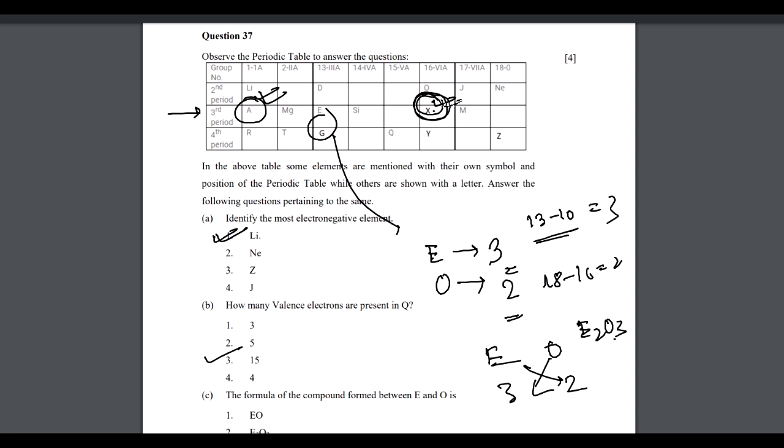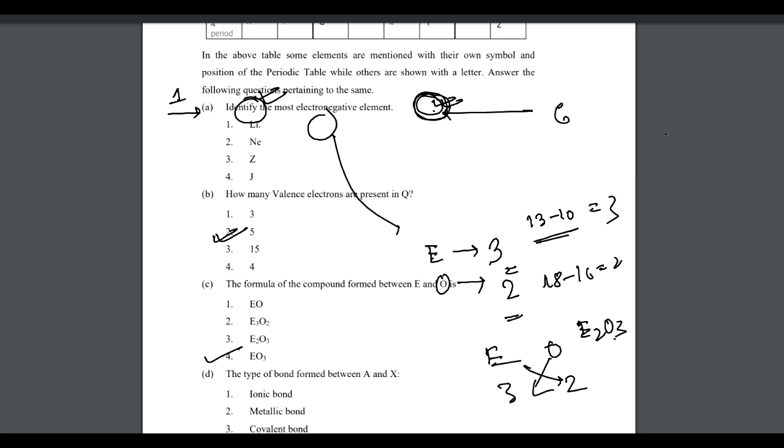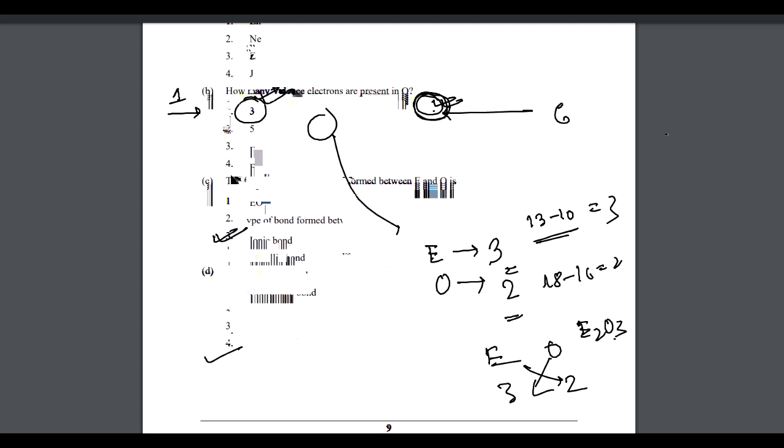Number of valence electrons here is 1, and here the number of valence electrons is 6. So the type of bond they can make will be an ionic bond. So the answer will be ionic type of bond.